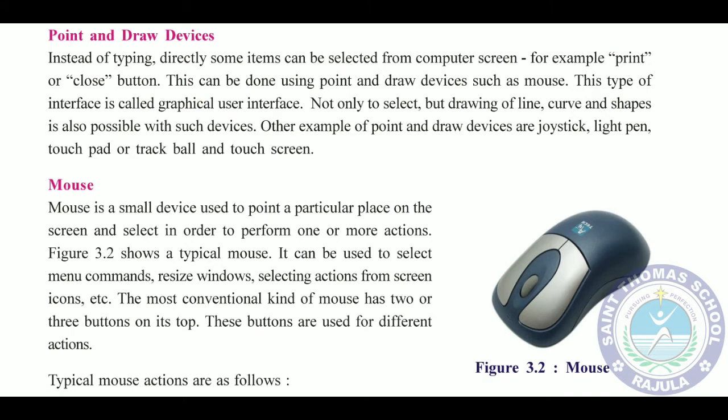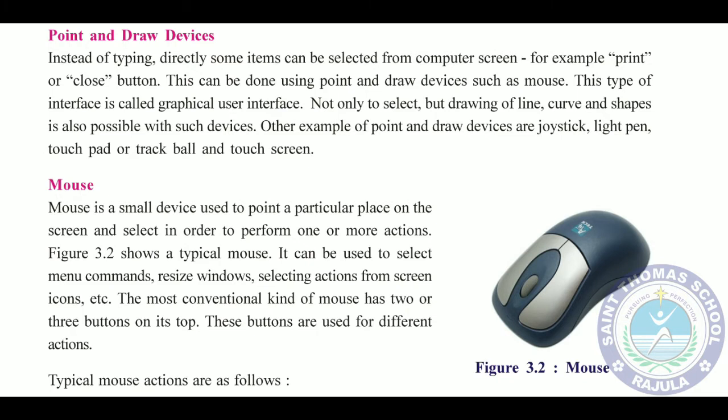One graphical arrow is there on our screen and one device. In the direction you move the device, the arrow moves in the same direction on your screen, and you can place that arrow on a particular position and then perform the selection operation.